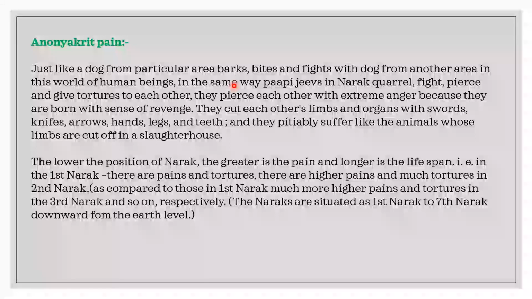Here it says that, like in Manushya Lok, you have street dogs, and these street dogs are constantly barking and fighting against street dogs from other regions. Similarly, whenever the Jeeves of Narki see another Jeev, because of an always present sense of revenge and krodh, they immediately want to fight against them, and they cut each other's organs and so on and so forth. It's almost like slaughterhouses in Manushya Lok, it's almost like that in the Narkavas. So this is Anyakrut pain.